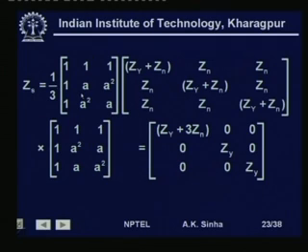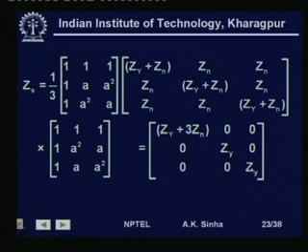When we do this multiplication, we get Zy plus 3 Zn, 0, 0; 0, Zy, 0; 0, 0, Zy. We have got a diagonal matrix where the first element, corresponding to the 0 sequence, is Zy plus 3 Zn, whereas the positive and negative sequence quantities are Zy and Zy.